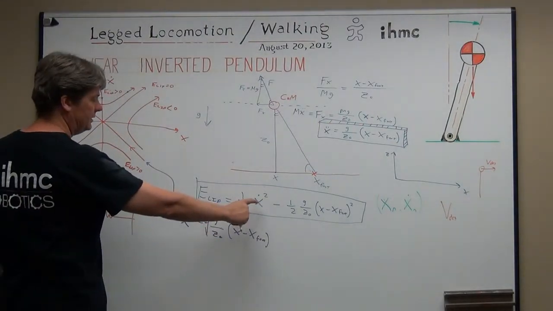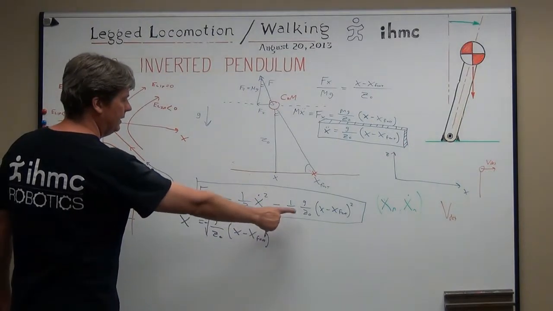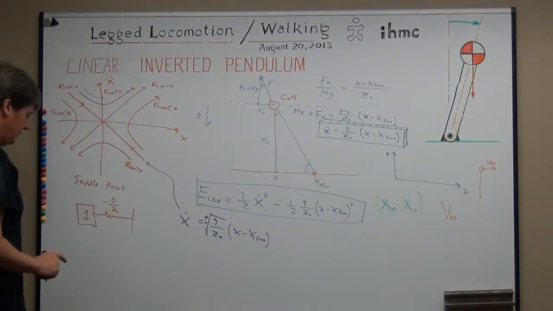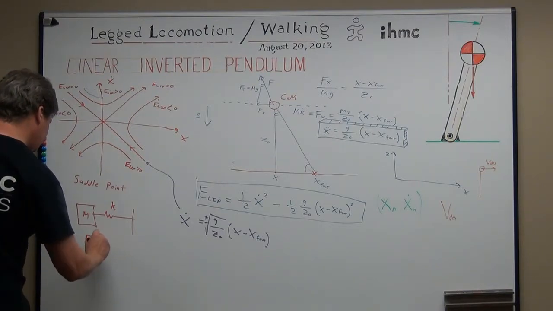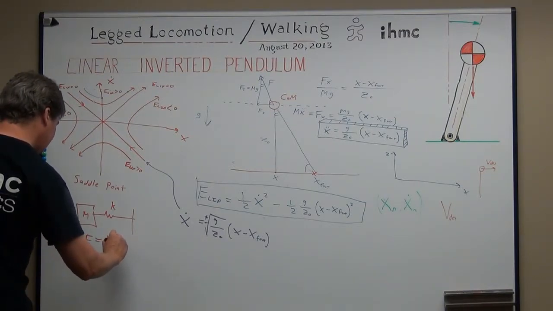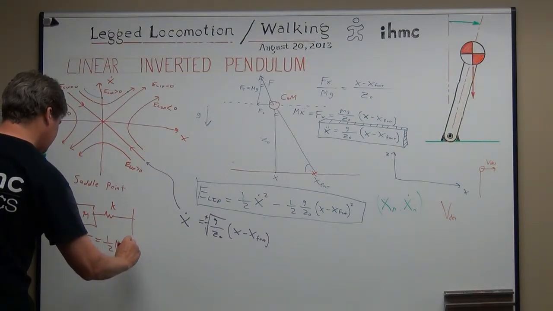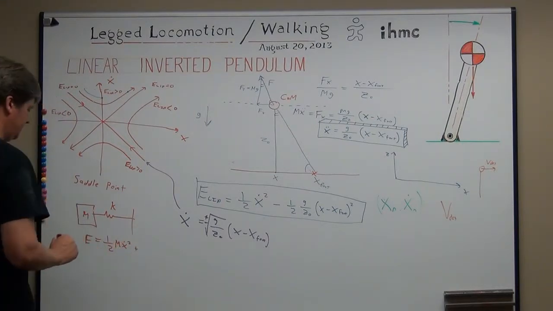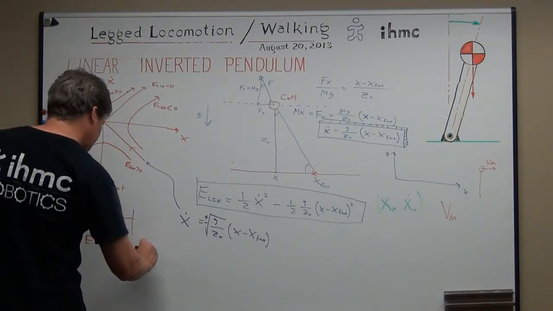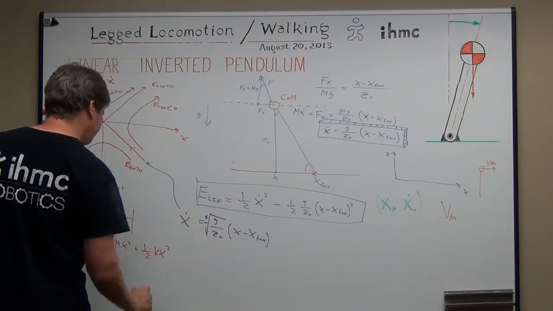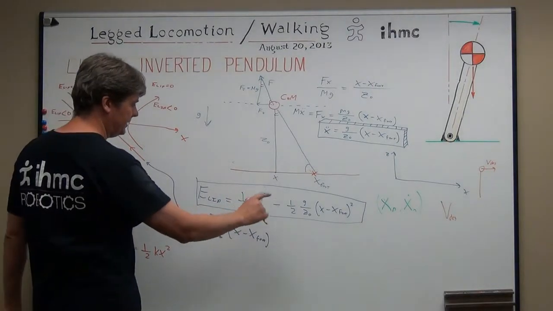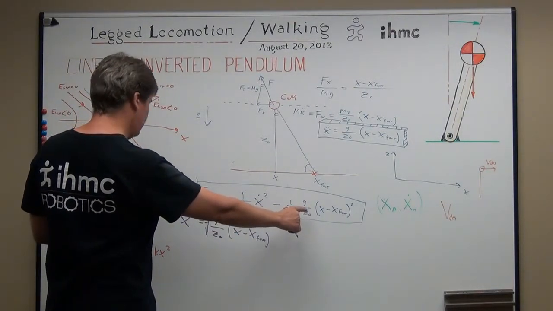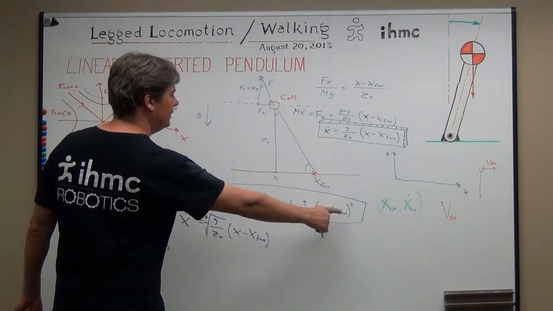For a mass spring system, your energy is your kinetic energy, one half m x dot squared, plus your potential energy, one half k x squared. That's how we get the linear inverted pendulum energy: one half x dot squared minus one half k, where k is negative, times x minus x foot squared.